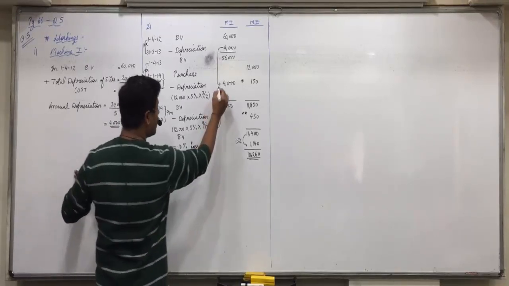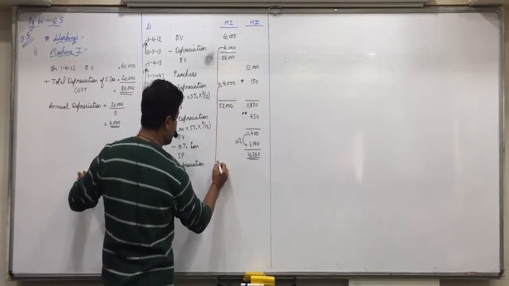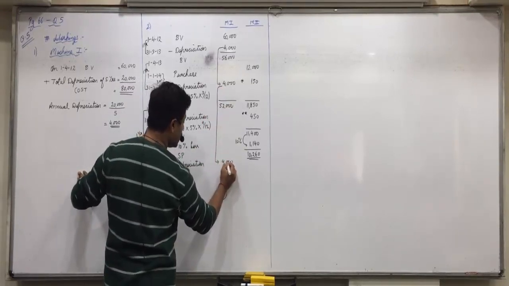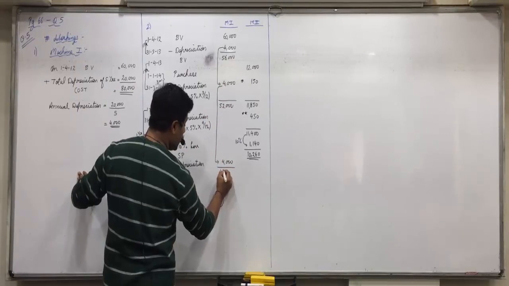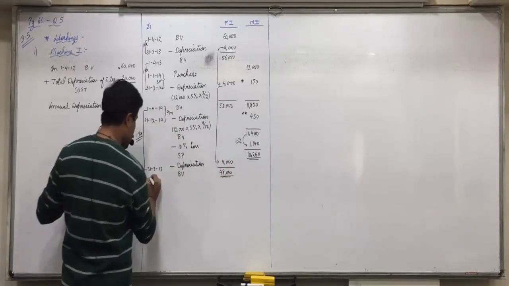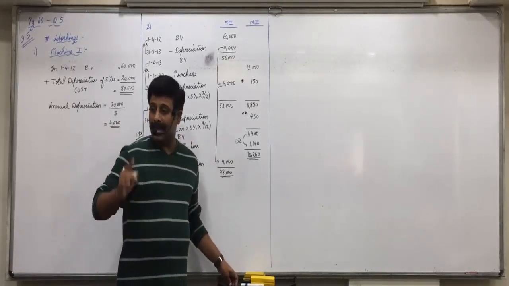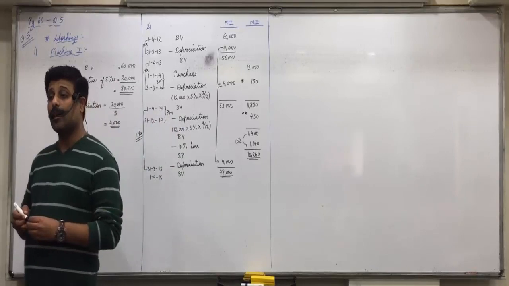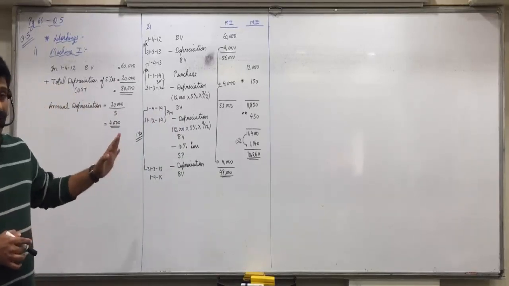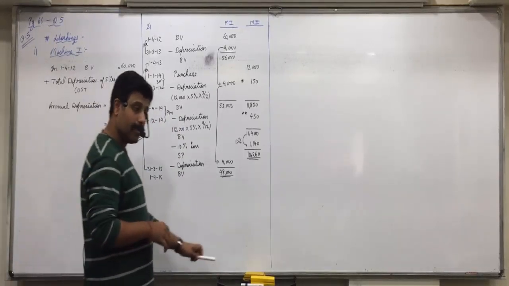Yes, that depreciation will remain the same, 4,000 full year's depreciation. So 48,000 will be its book value on 1415. And in machinery account, this should be our final answer. When we make the machinery account, last year how much balance must we get? 48,000. Did everyone of you understand this?